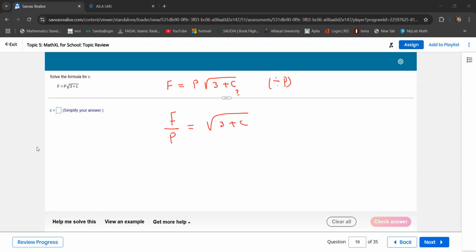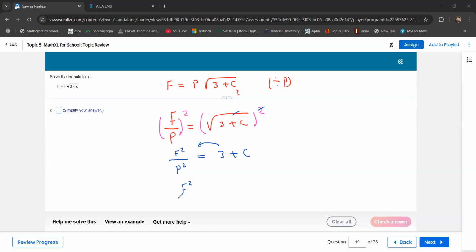Let's try to get rid of the square root by doing power 2 for the right-hand side, power 2 for the left-hand side. Power 2 will cancel the root. So it gives 3 plus c on the right-hand side, and it gives here f squared over p squared. Now let's take the 3 to the other side.